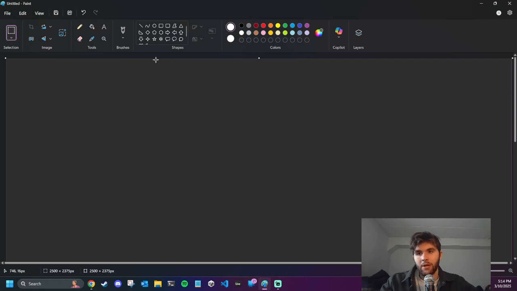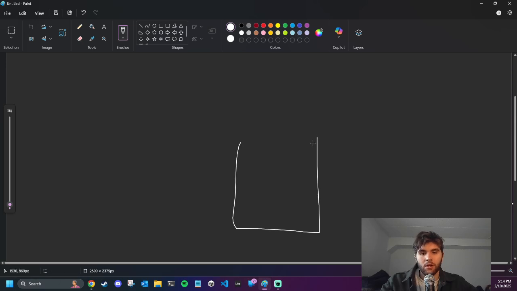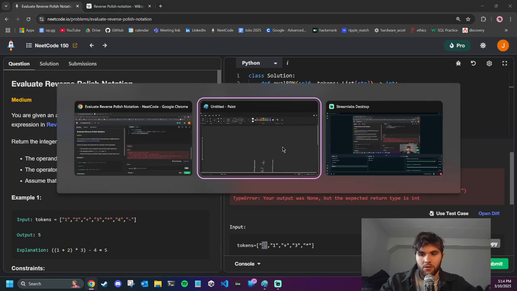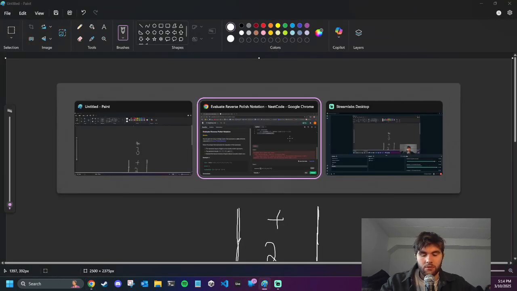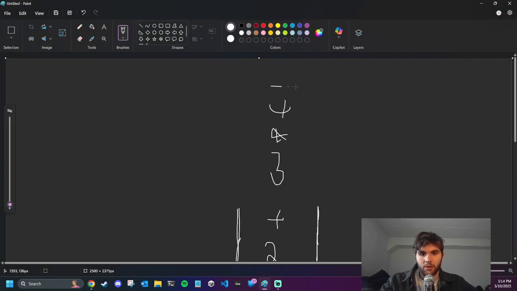So the way that we would add it, so if we just added all of these to a stack and didn't do anything to it, it would be 1, 2, plus, 3 star 4 minus.